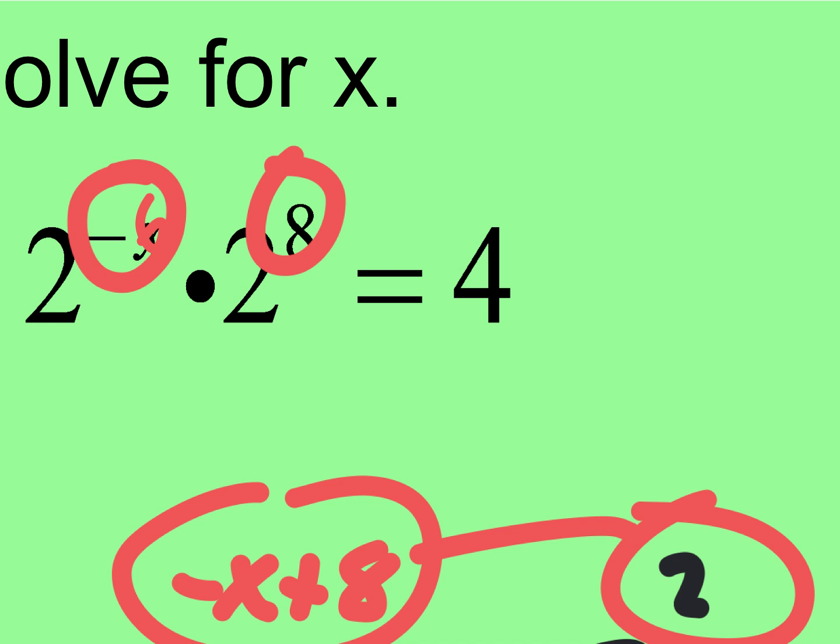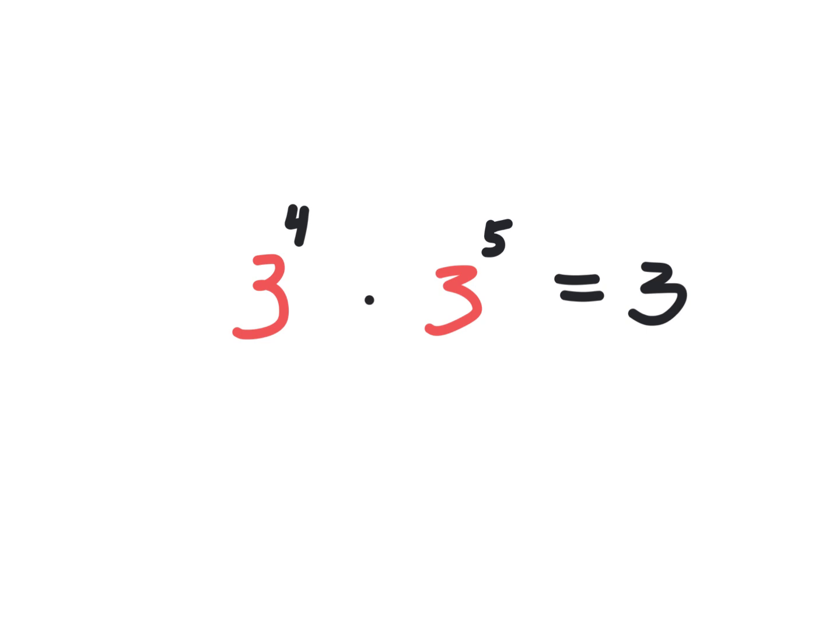All right. Let's go like this. I'm going to change it to a 3 just to see if you understand this. If this was 3 to the 4th times 3 to the 5th, let's process this. That's 3 to the 9th, right? So what you asked me is, why didn't you multiply the two 3's?